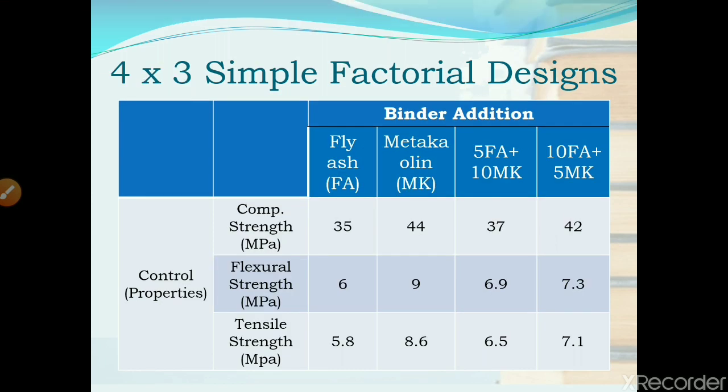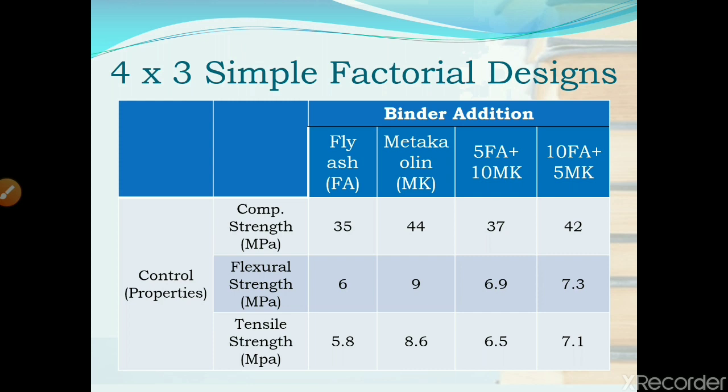Similarly, when we are using more treatments, if 4 treatments are used, then it would be 4 by number of controls 3. So here one example is for 4 by 3, in which 4 treatments I have given: fly ash, methacholine, 5% fly ash plus 10% methacholine, and 10% fly ash plus 5% methacholine.